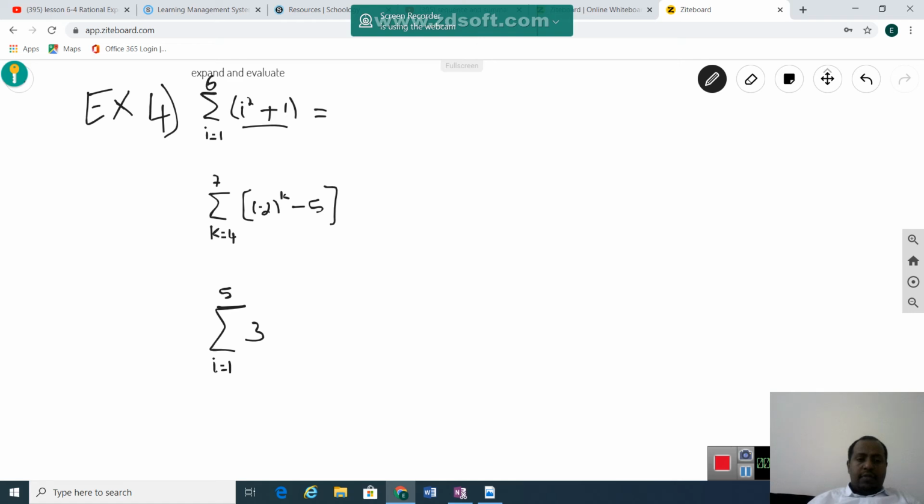So let's plug in each value of i. The first term is when i is equal to 1, so 1 squared plus 1, plus, to find the next one, I plug 2 into i, 2 squared plus 1, plus, you need to plug in 3, so 3 squared plus 1, plus 4 squared plus 1, plus 5 squared plus 1, plus, and lastly, 6 squared plus 1.